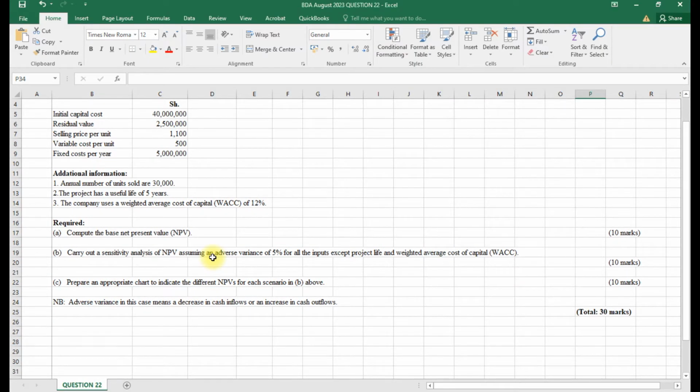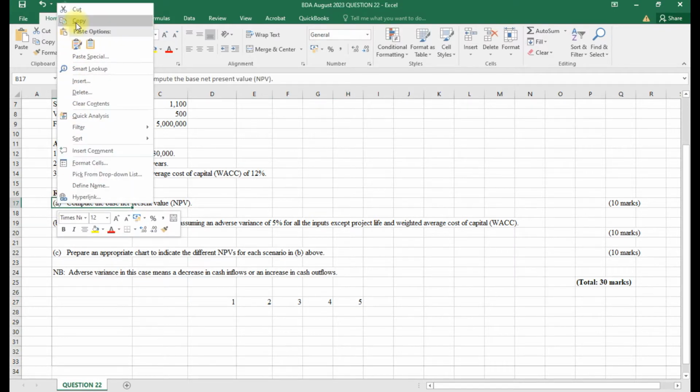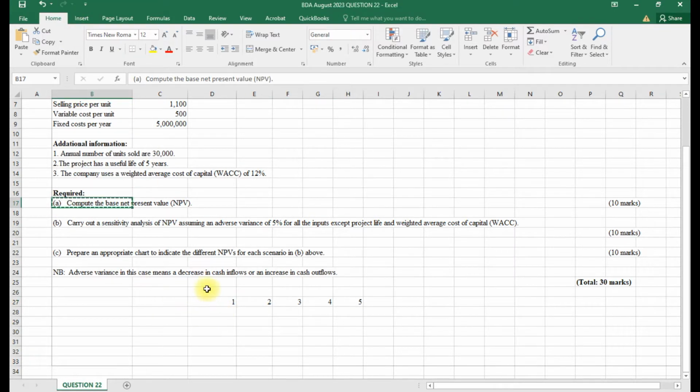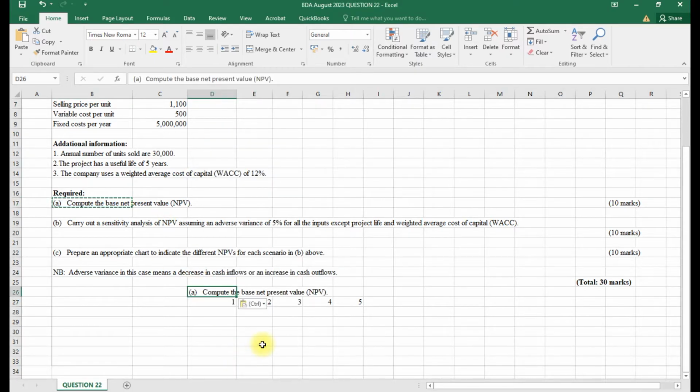I will leave that, and come here to have year 1, 2, year 3, year 4 and year 5. This is part A that we are computing: compute the base case NPV.